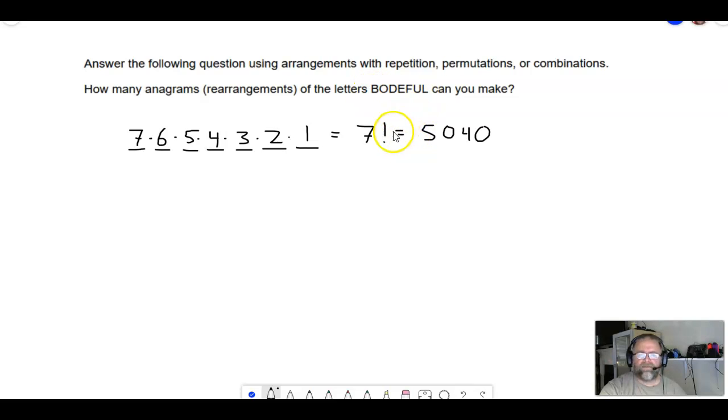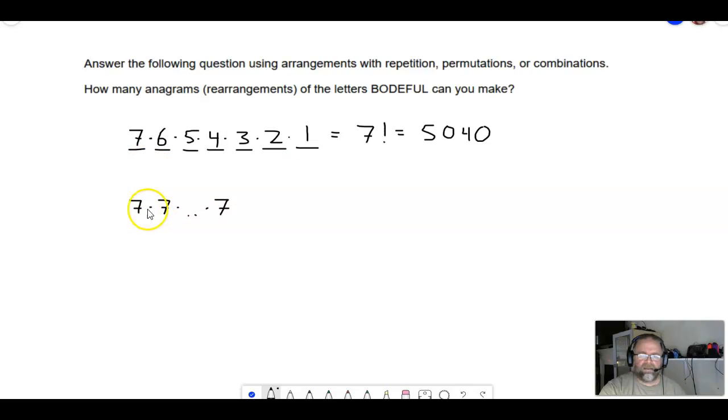So it could be all F's, all D's, all O's, all L's. In that case, we have 7 possibilities for the first, and since we can use that same letter again, we have 7 different possibilities for the second, and so on all the way until we get to the last digit.